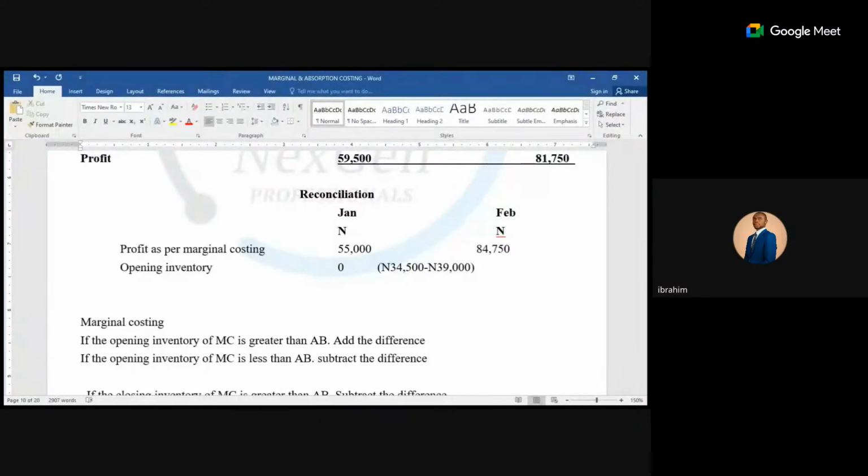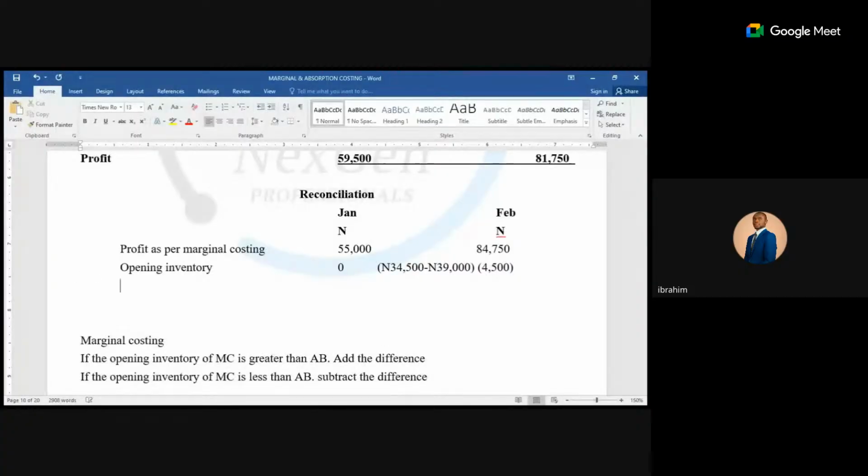What is the difference? 4,500. The marginal costing is lesser, right? Ideally, if you look at it from another perspective, 34,500 minus 39,000 is minus 4,500, because we are starting with the profit as per marginal costing.